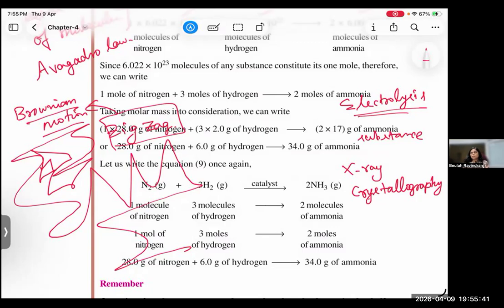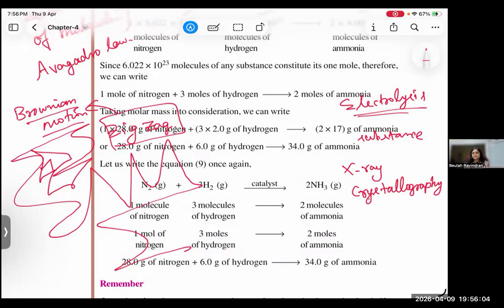NaCl is a basic crystal found in every kitchen, right?